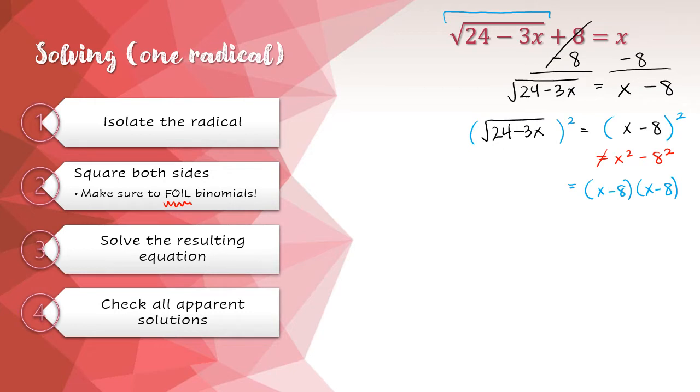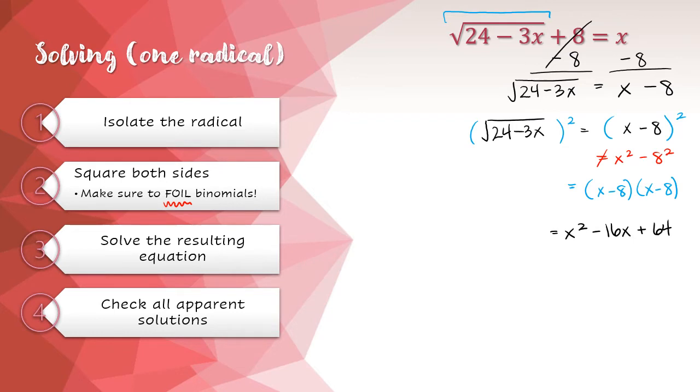So that's what we mean by making sure to FOIL, if that's how you think about this sort of multiplication. So what we are going to get there, let's see, x minus 8 times x minus 8 will be x squared minus 16x plus 64. So that's on the right.